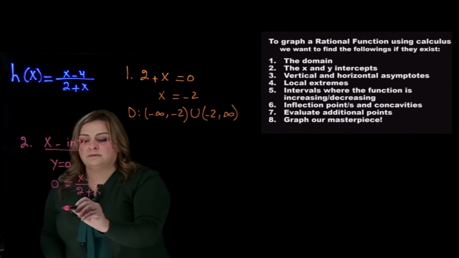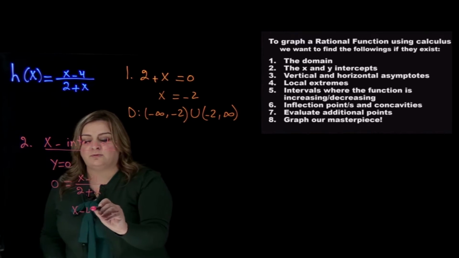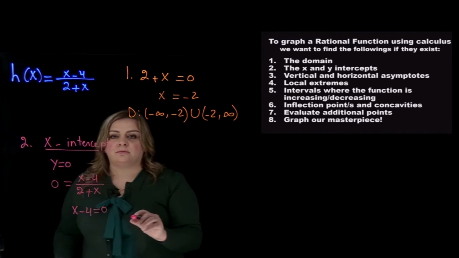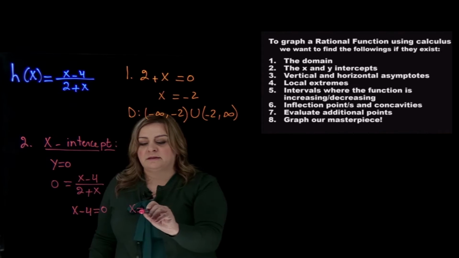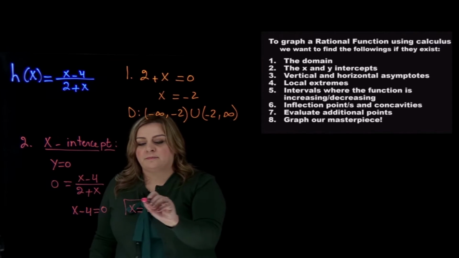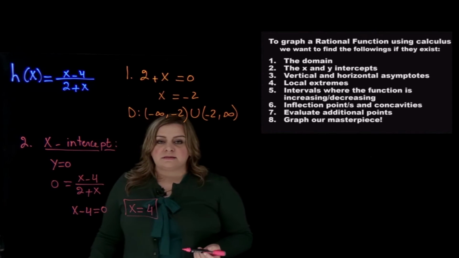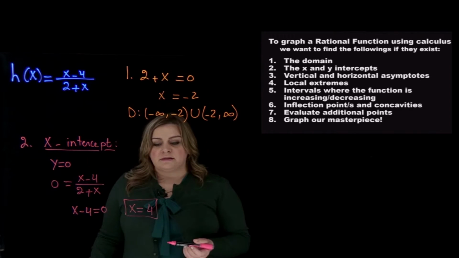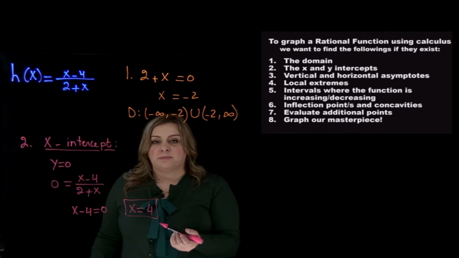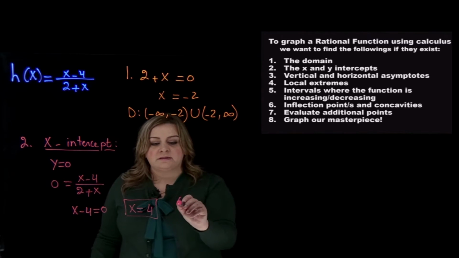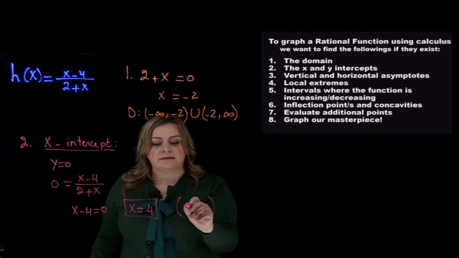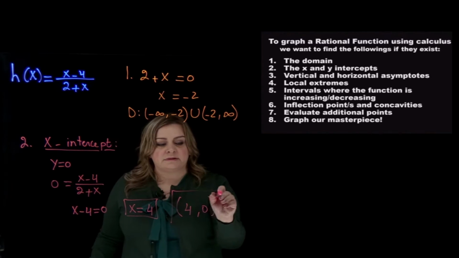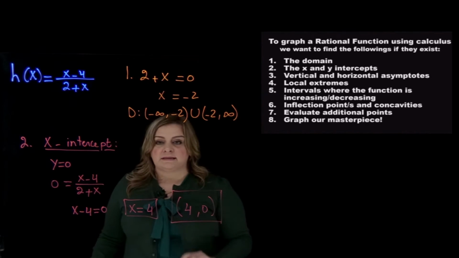So if we set x minus 4 equal to 0, and add 4 to both sides, we will have x equal to 4. Notice the x-intercept is a point, so I have to represent my answer as a point. So I let y equal 0, and I found that x is 4. This is the x-intercept.